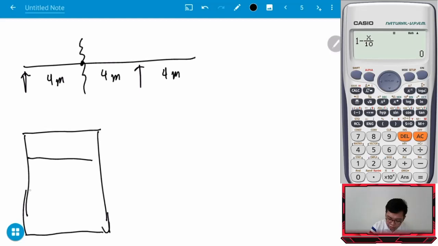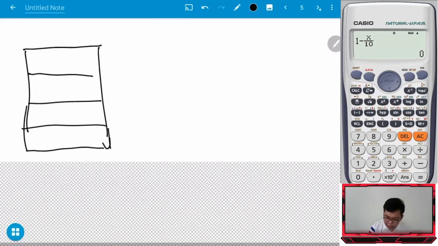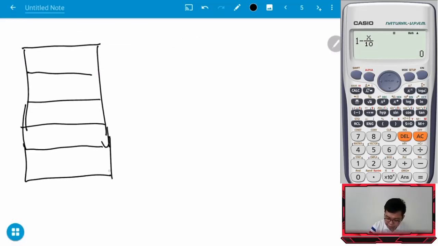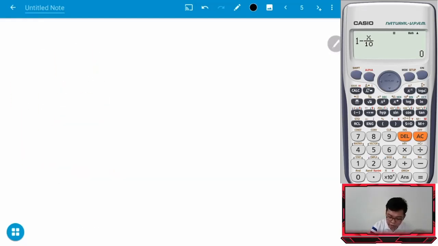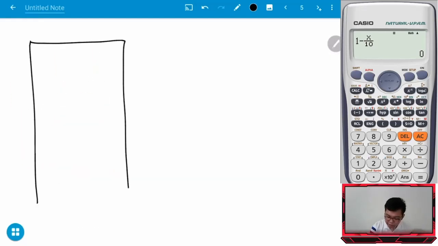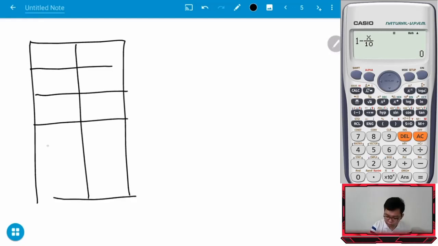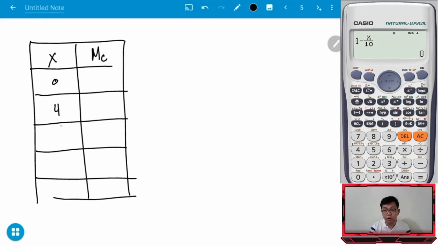So ilalagay ko na naman ito. Ay, sorry guys, ang pangit ng line. Ni-straight na. Yan. So, this is X, and then this is my moment at C. So, same pa rin guys, 0. Ito kasi yung 0, 4, 8, and 12.